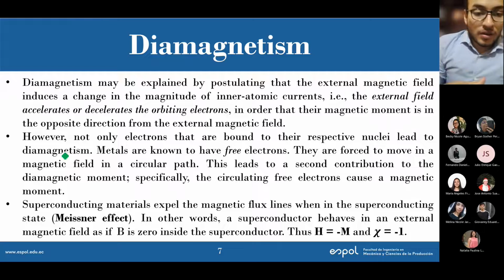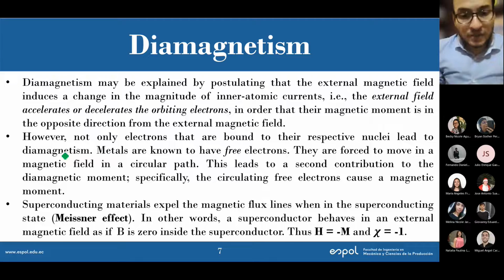Well, superconducting materials are able to expel the magnetic flux when they're in the superconducting state. That means that a superconductor behaves in an external magnetic field as if the magnetic flux density is zero inside the superconductor.